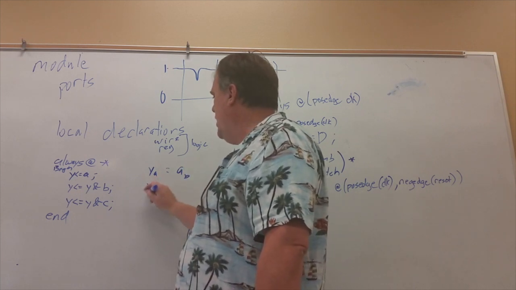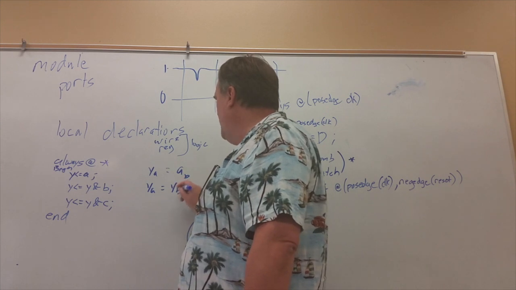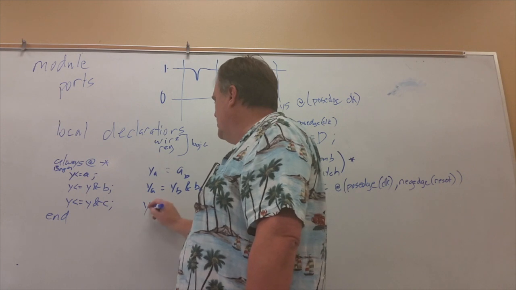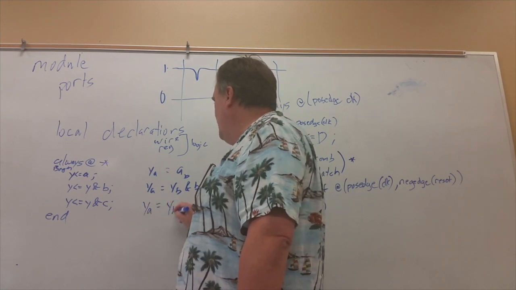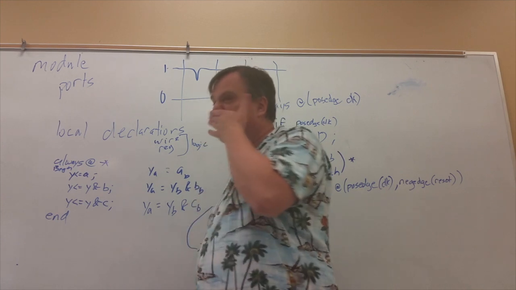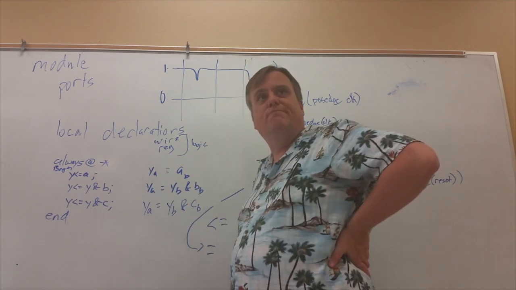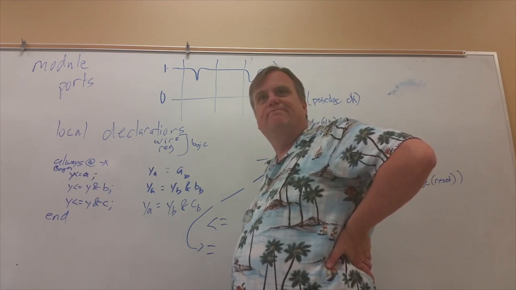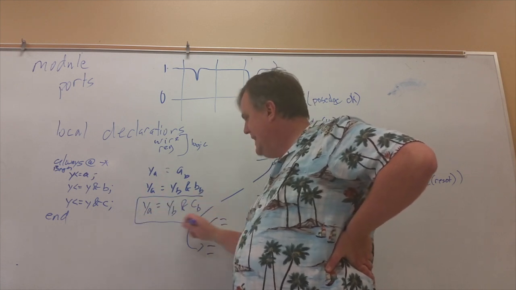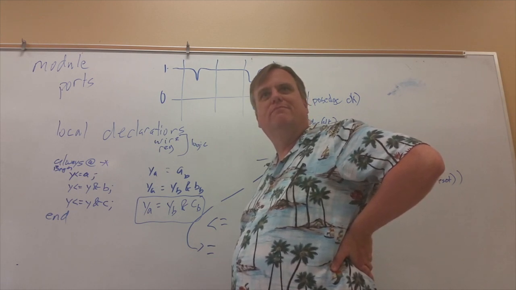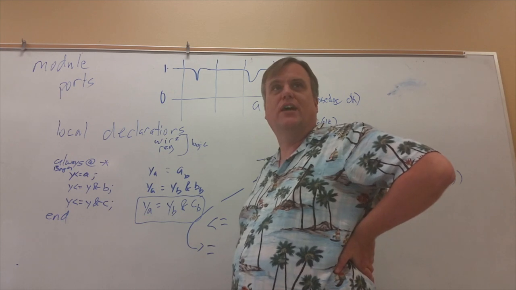And the next one says Y after is equal to Y before ANDed with B before. And this one says Y after is equal to Y before ANDed with C before. So what happens? The last one wins. That one happens, the other two get blown away. When you go to synthesize.